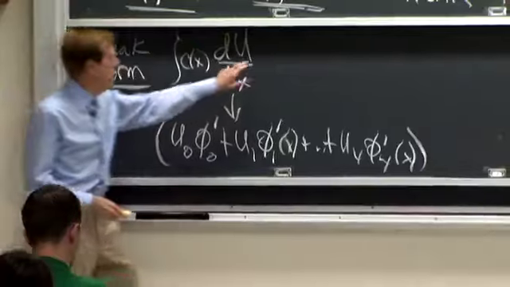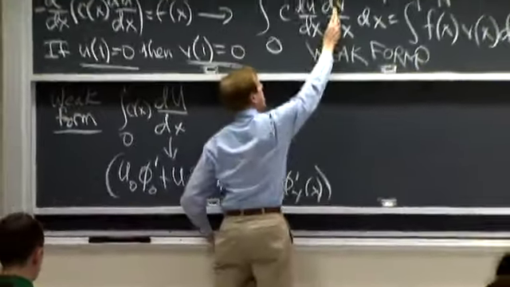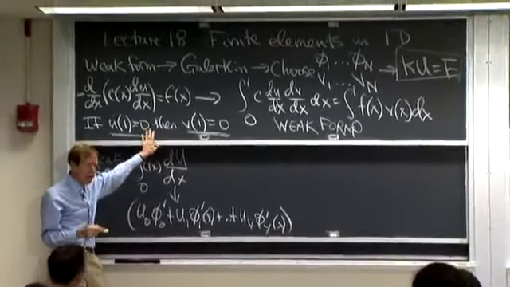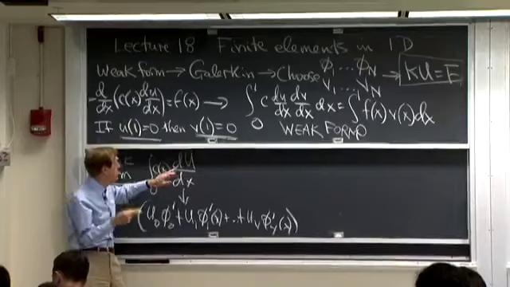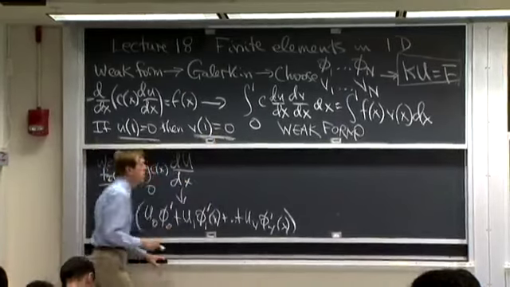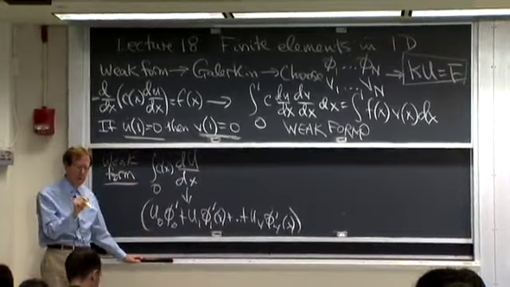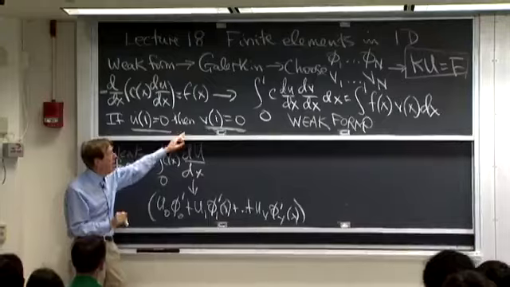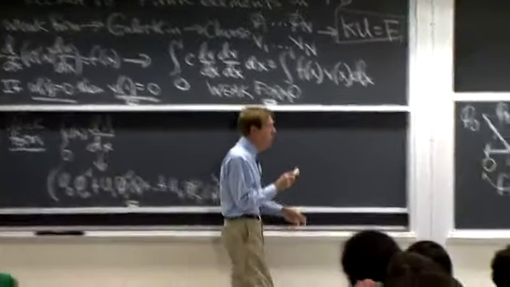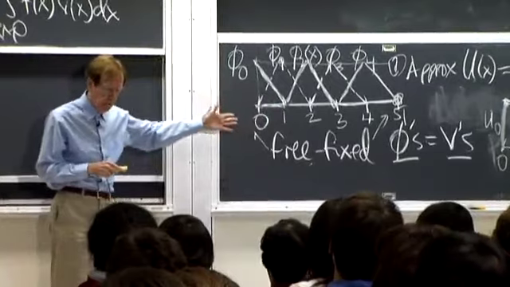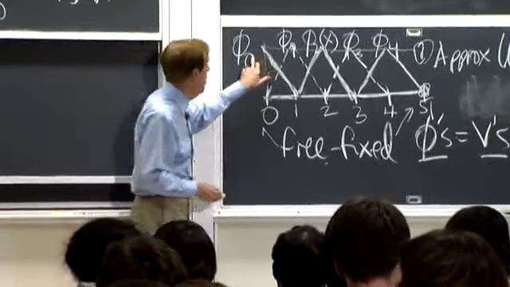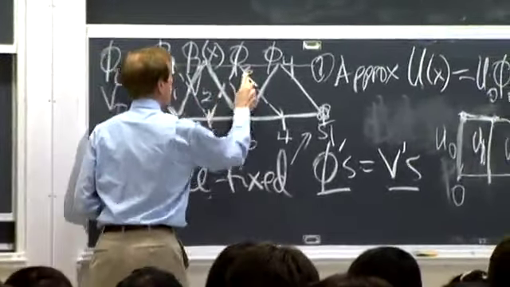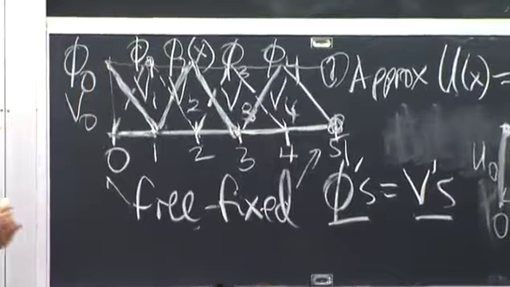And that multiplies dv dx, where v is any test function, only required to have v of 1 equals 0. But now I'm going discrete. So instead of any test function, I'll use these 5 functions. The phis are the same as the v's then: v0, v1, v2, v3, and v4. Same guys.